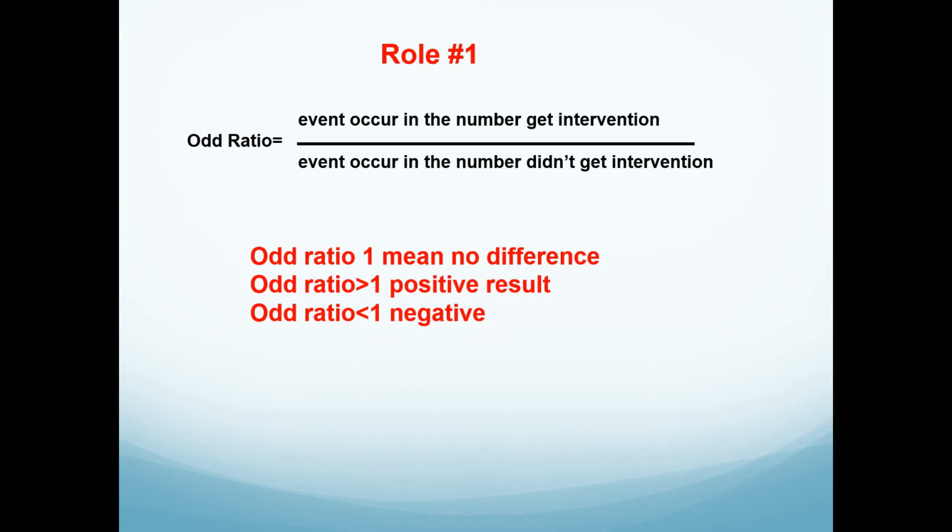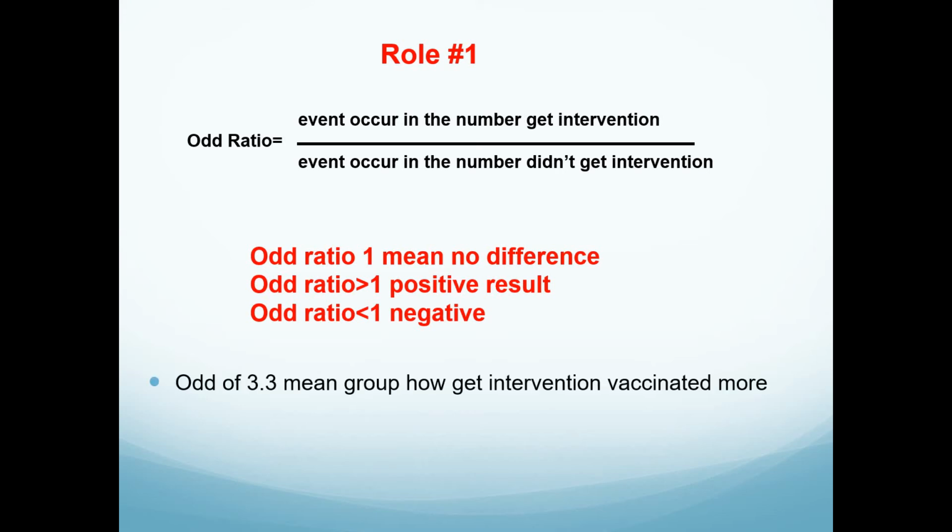If it is more than 1, that means a positive result. What about if it's less than 1? It means a negative result. Remember that an odds ratio of 3.3 means the group that got the intervention was vaccinated more.